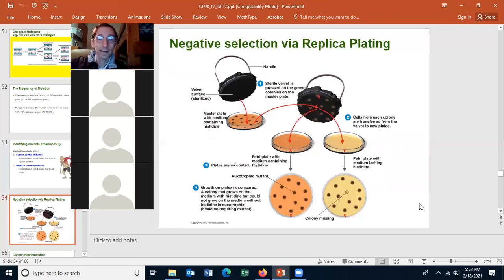I actually did this. What you can do is you get a plate that has isolated colonies on it, and how you get that is you just take a solution of bacteria and you dilute the solution so that you'll get about this many colonies on the plate, and then you let it grow up and there will be isolated colonies like that.